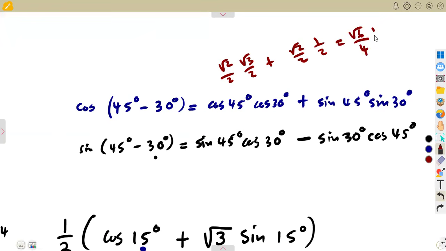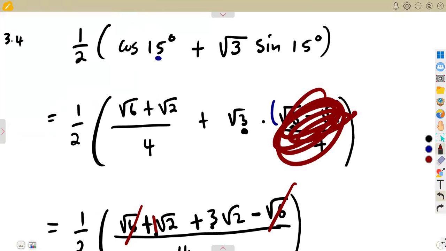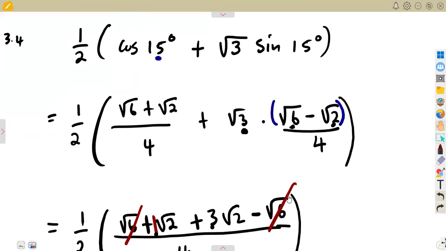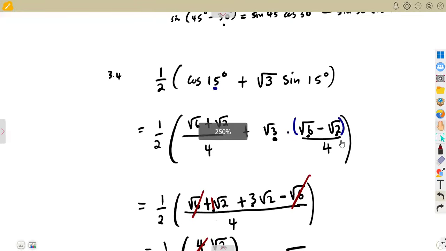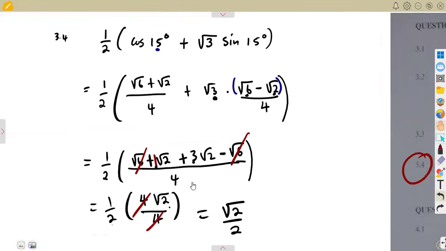Square root of 2 over 2 times 2, which is 4. This is what I'm trying to say. So let's try, guys. Simplify also. You're going to have the same answer on this one. So I want you to just try to do it and see if we are on the same page.